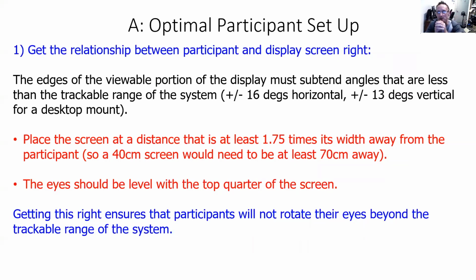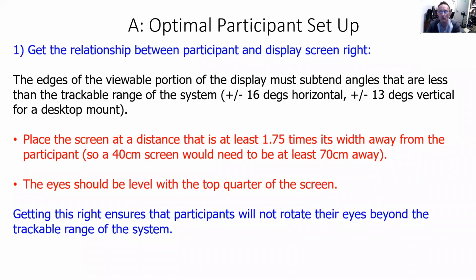If it's too close, you will force people to rotate their eyes beyond the trackable range of the system, particularly when they're looking at the corners, particularly the top corners. The trackable range of the system, in a standard desktop scenario, is only 32 degrees horizontally, about 25 degrees vertically. It's very easy, if the screen is too close, to make people rotate their eyes beyond that trackable range. I'm going to explain what the trackable range is in a minute.